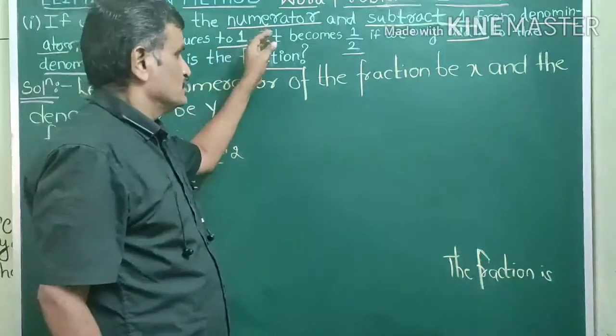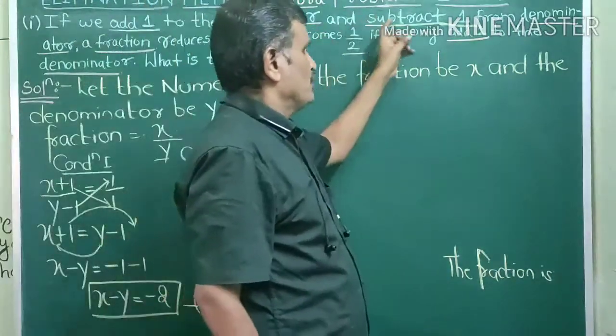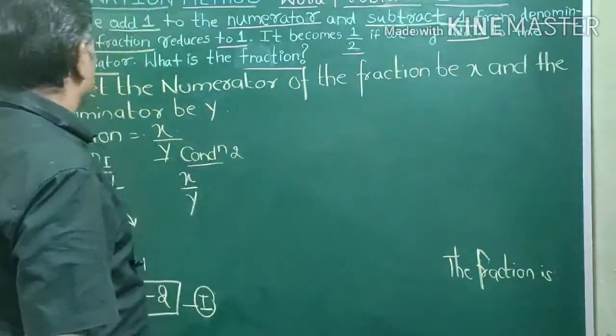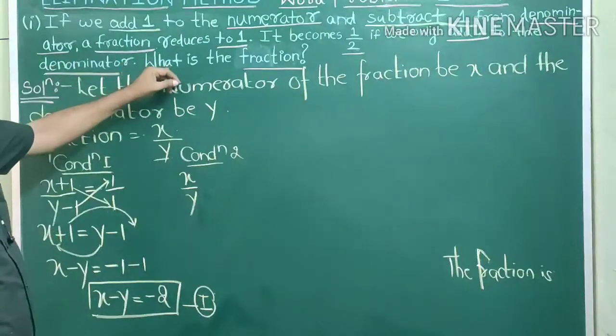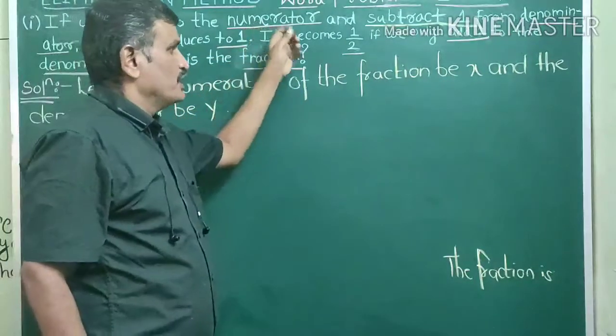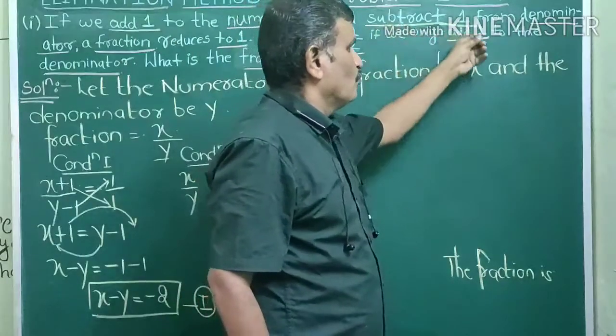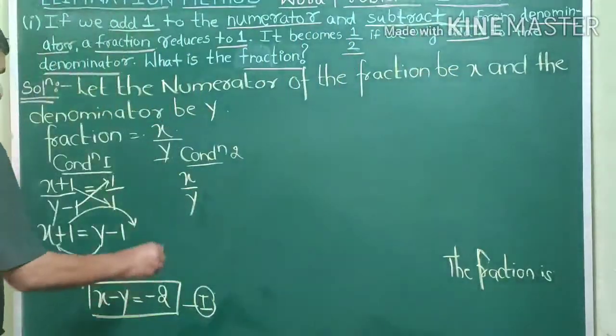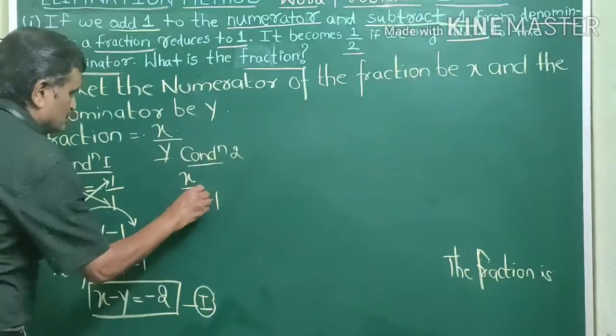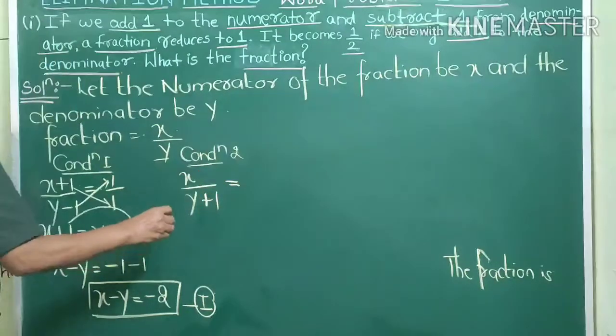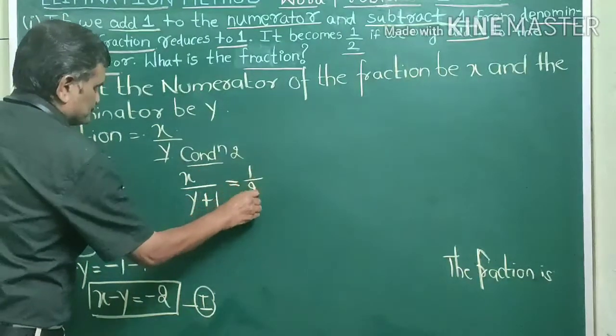Now let me see what condition number 2 is. Condition number 2 says it becomes 1 by 2 if we add 1 to the denominator. So after adding 1 to the denominator, the fraction becomes 1 by 2.